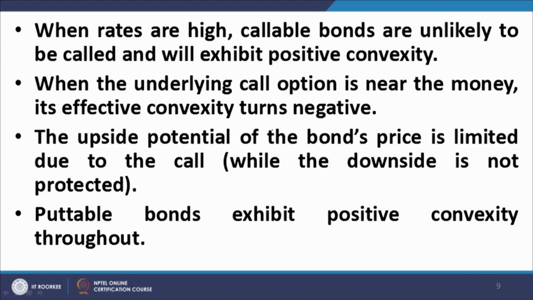The upside potential of the bond's price is limited due to the call, while the downside is not protected. As I mentioned, as the interest rates decline, you approach the exercise price, and once you exceed the exercise price, the option will be exercised and the cash flow gets truncated to the exercise price.